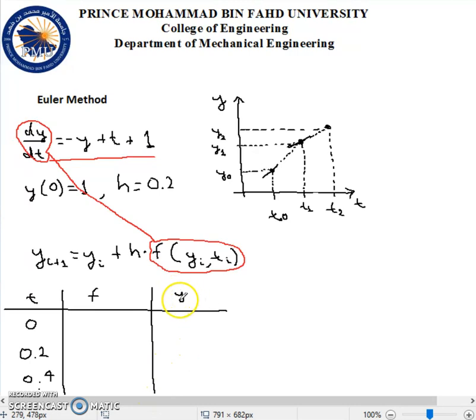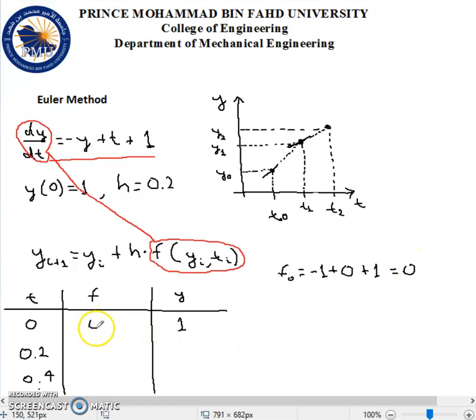So we already know this y here, it's 1. And now let's find the slope here. f0 will be minus y, so minus 1, plus t, which is 0, plus 1, so that equals 0.